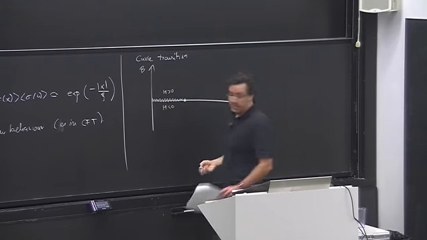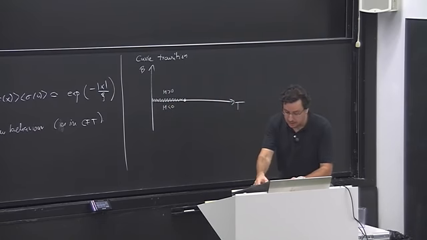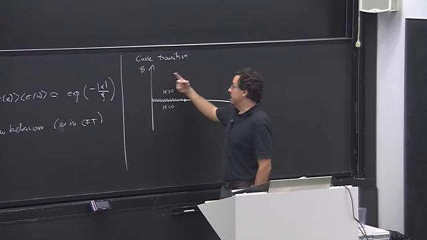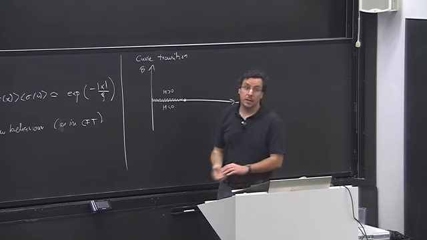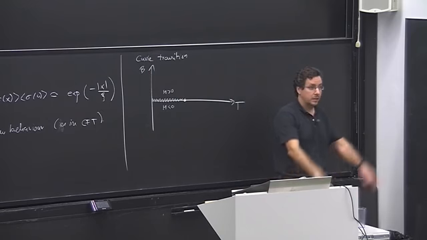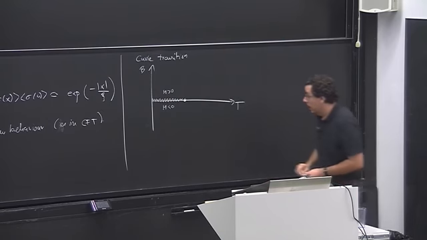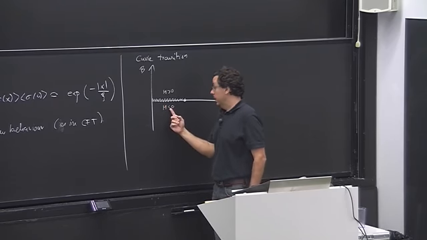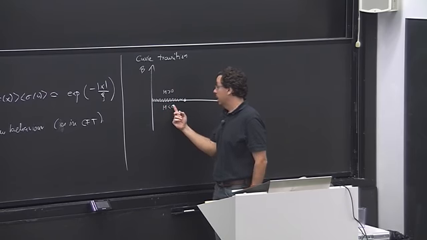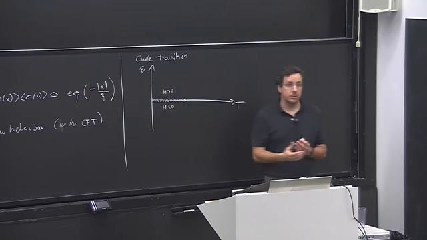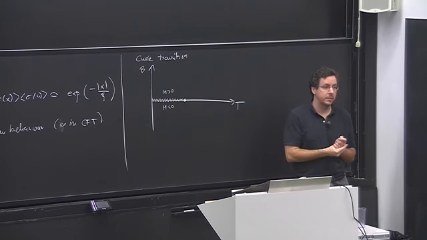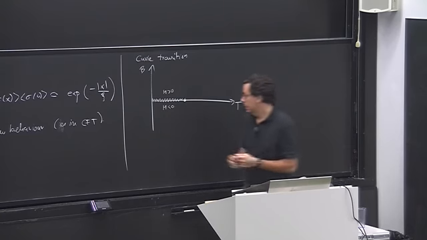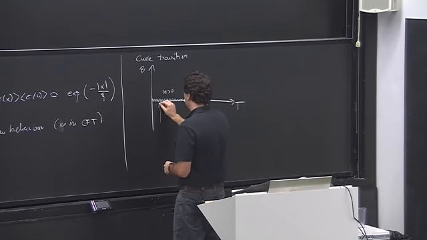Essentially, the system has a certain symmetry, and depending on the sign of the magnetic field, the spins would like to align up or down. Since you have a discontinuity across this critical line in the magnetization, and remember the magnetization is roughly speaking a first derivative of the free energy, across this line you have a first order phase transition.